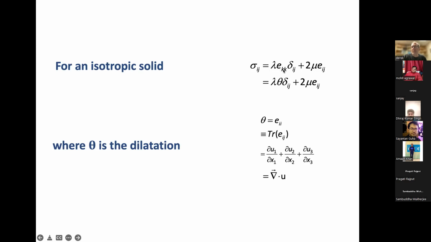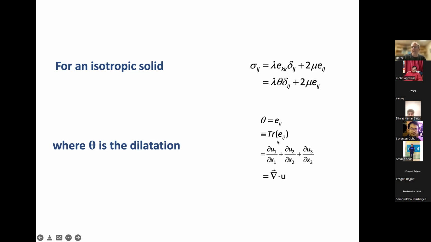So this is E sub 11 plus E sub 22 plus E sub 33. We sometimes indicate E sub 11 plus E sub 22 plus E sub 33 as theta, and that's called the dilatation. And theta or E sub kk in summation notation is just the trace of the strain tensor.